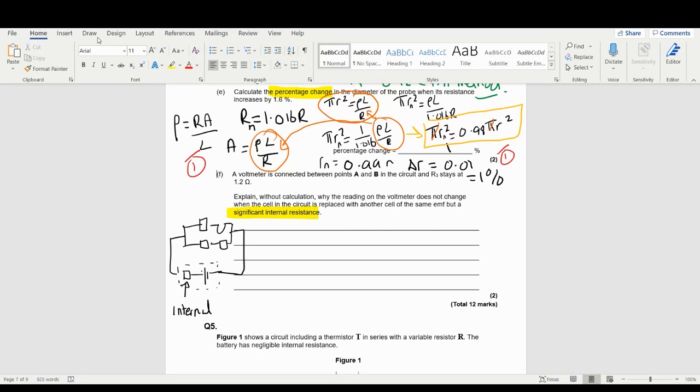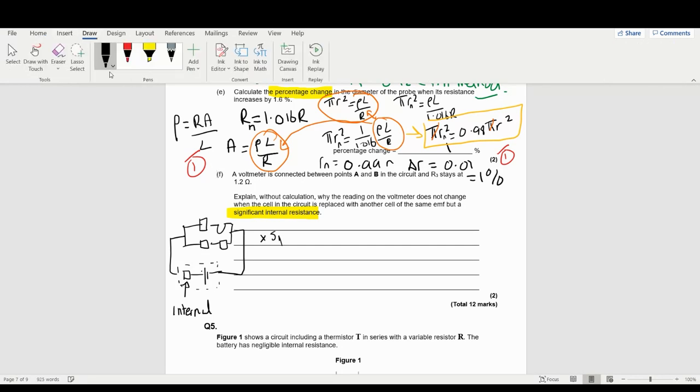So the actual mark scheme's answer, if you go through, is the correct reference to lost volts will terminate or reduce current, reference to resistors not changing, reference to the voltmeter having infinite resistance, reference to the closeness of the resistor ratios, etc. The way I would have answered this, so it's a 2-mark question, so 2 points, goes: since the resistors are not changing in the branches, the split of current is the same.